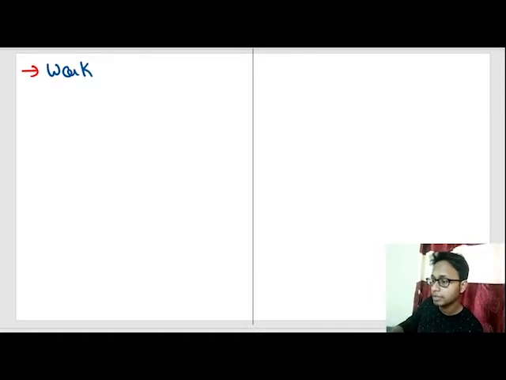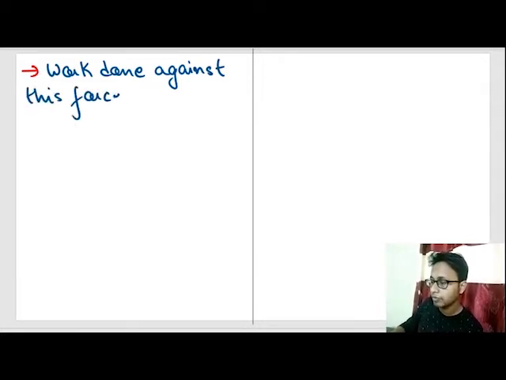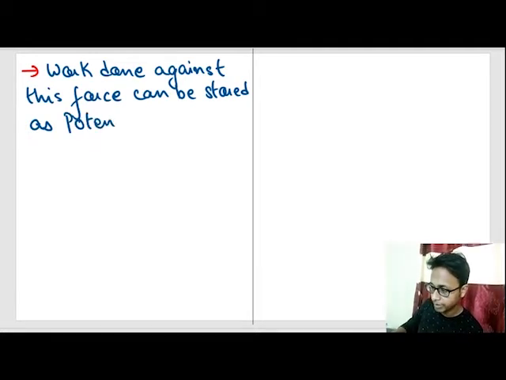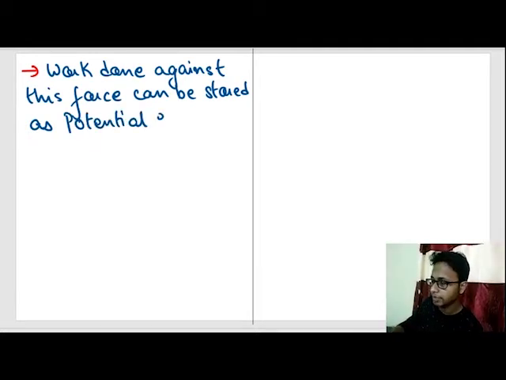Work done against this force can be stored as potential energy.